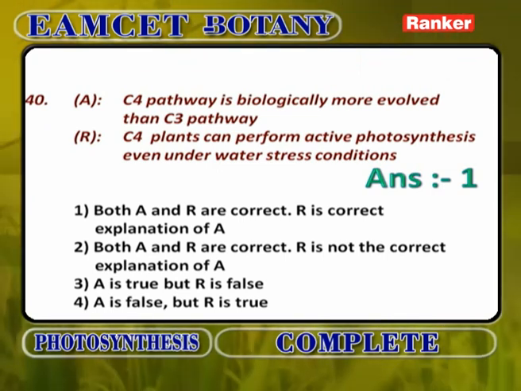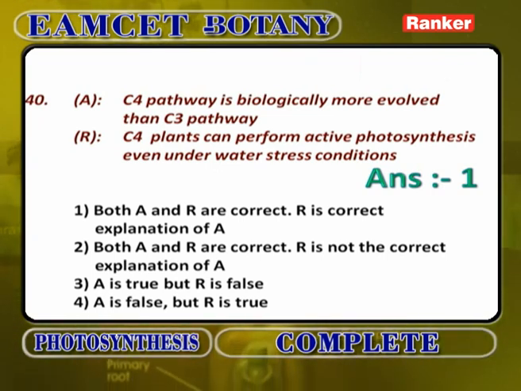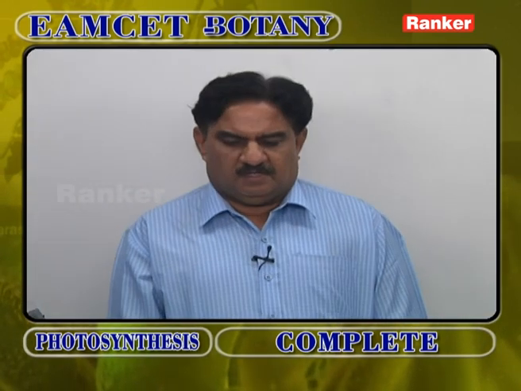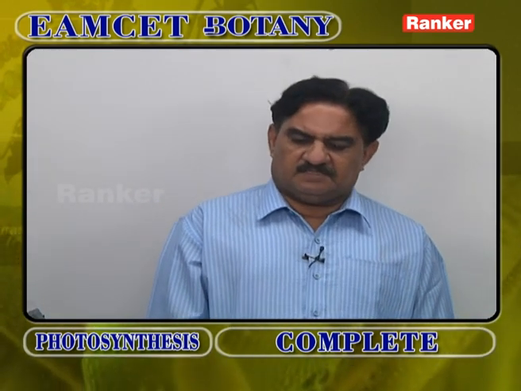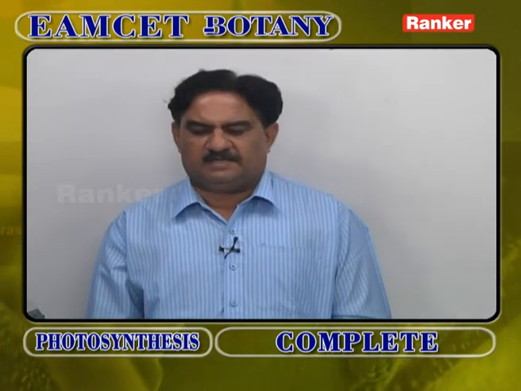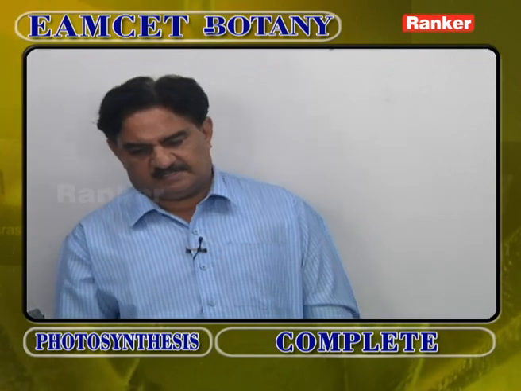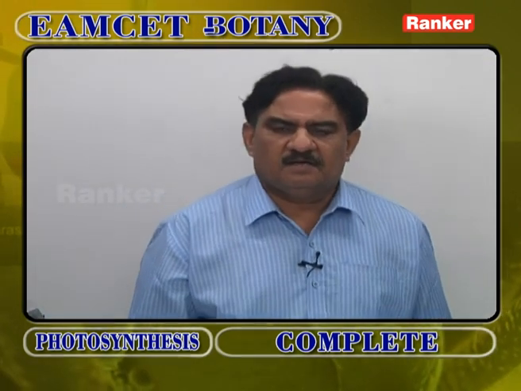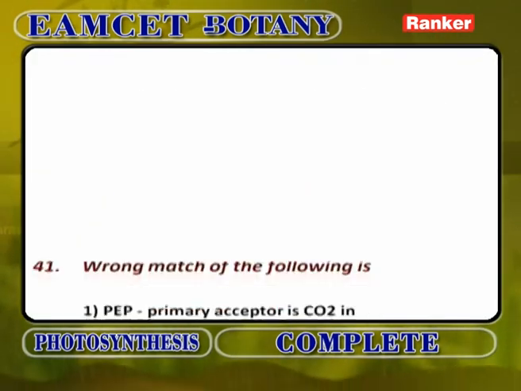Almost all tropical plants show the C4 pathway, and these plants can perform active photosynthesis even under water stress conditions, which is correct. So why is the C4 pathway biologically more evolved than the C3 pathway? Because C4 plants can perform active photosynthesis even under water stress conditions. So A and R are correct, and R is the correct explanation of A, first option.